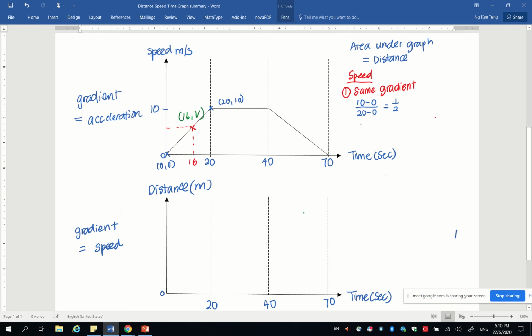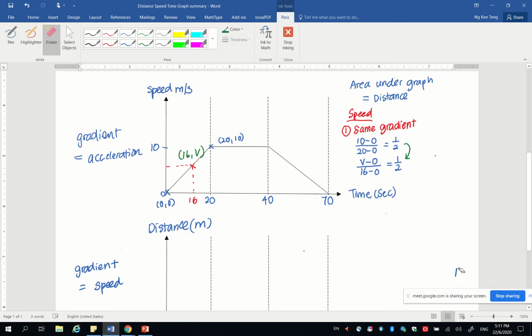This will be speed v minus 0 over the time taken, 16 minus 0, equals to half. I'm going to link these two gradients together because they fall on the same straight line. When they fall on the same straight line, the gradient is the same.